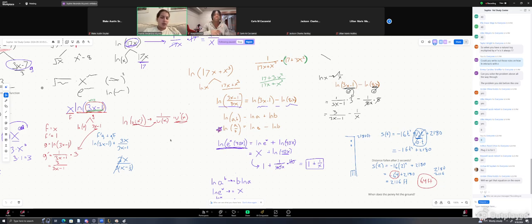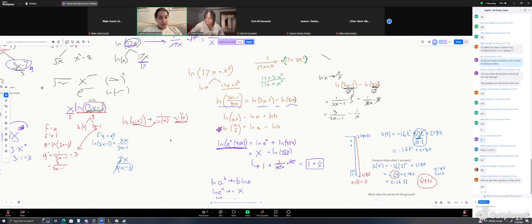Some people might say, when the position is 0 feet off the ground, then the penny has hit the ground. So yes, this is the time it takes to hit the ground. So we're looking for t. Cool.